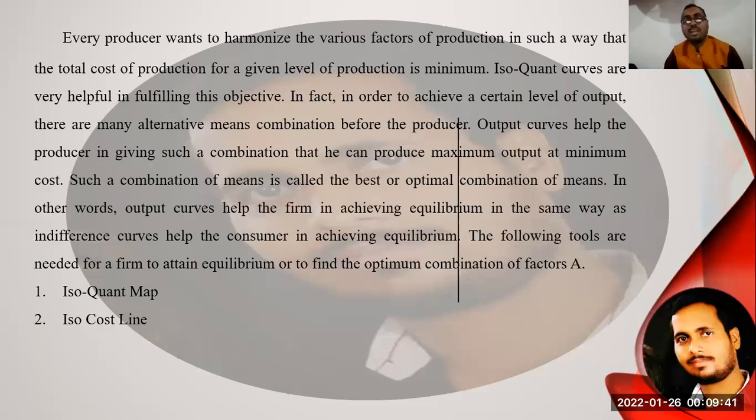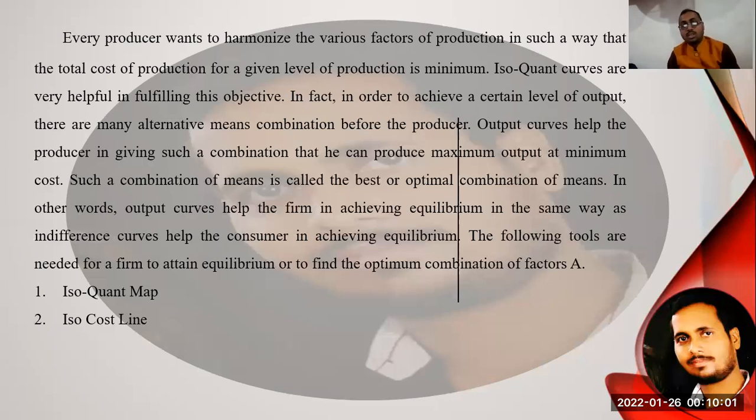The IsoQuant curve helps the producer by giving such a combination that he can produce maximum output at minimum cost. Such a combination of means is called the best or optimal combination of means.